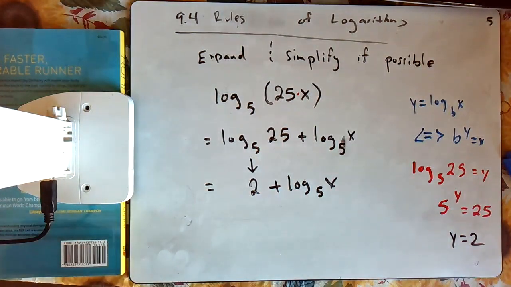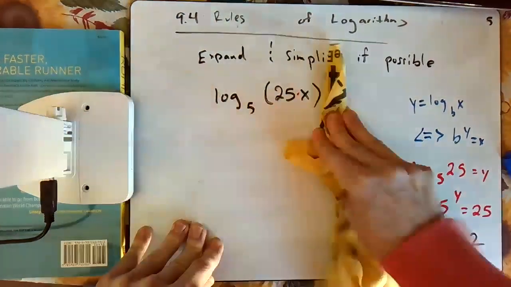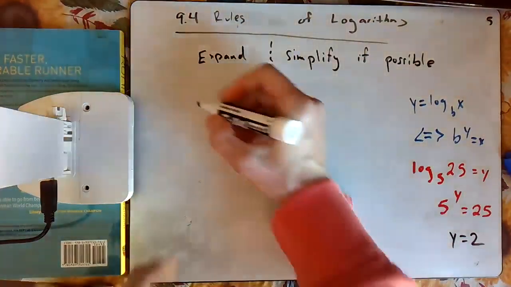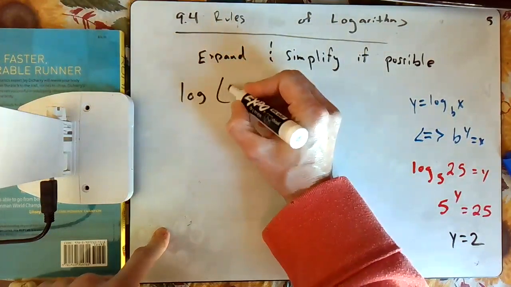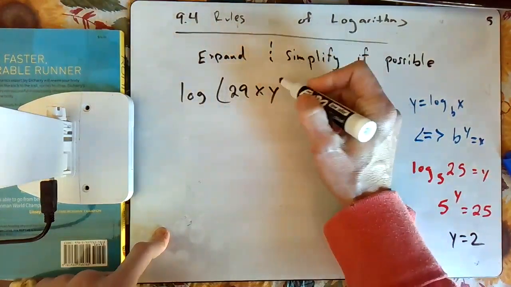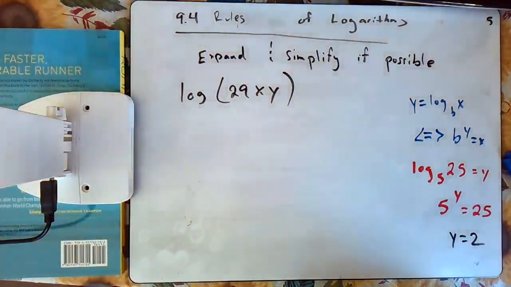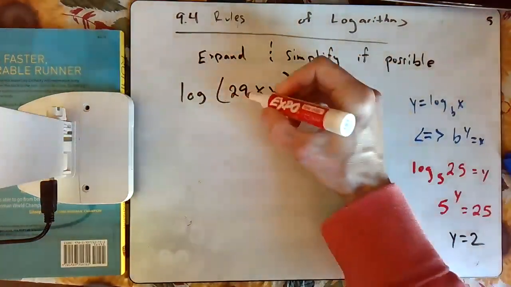So let us try this. Log of 29xy. So now we're still doing the product rule, right? Because we're multiplying 3 things right here, 29 times x times y.